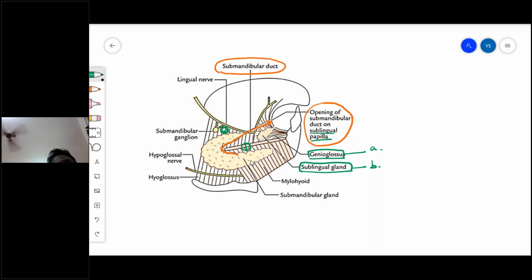In its course, number 1, first it passes between the mylohyoid and hyoglossus muscles. Number 2, then it passes between the genioglossus and the sublingual gland. And number 3, finally it opens at the floor of the mouth on the sublingual papilla. This is the course of the submandibular duct.